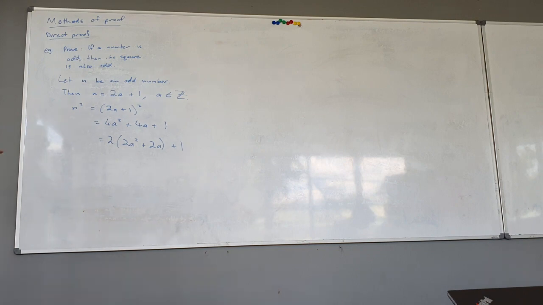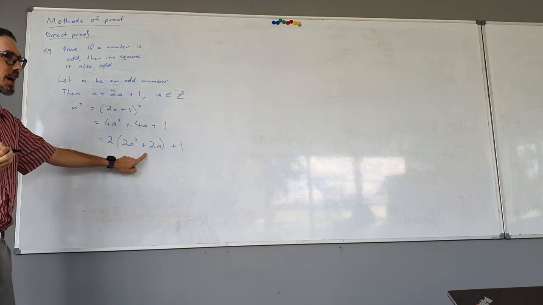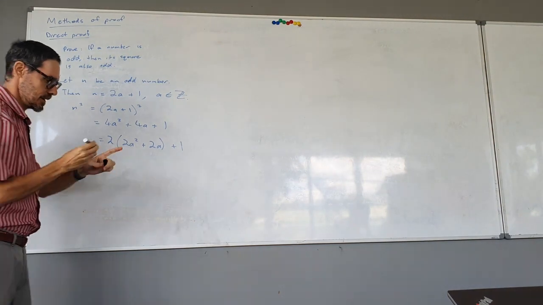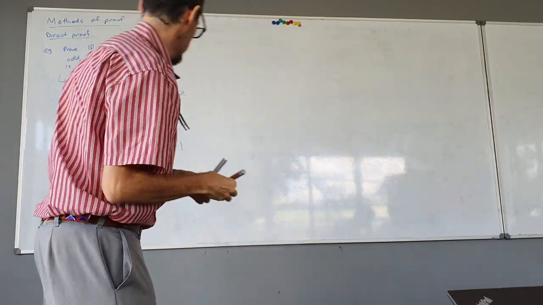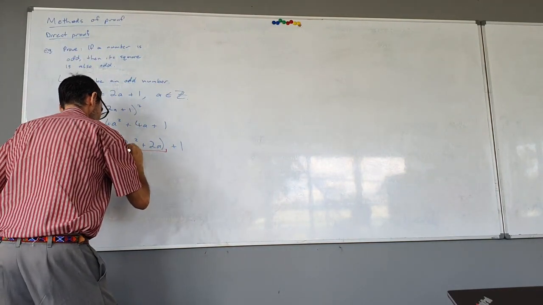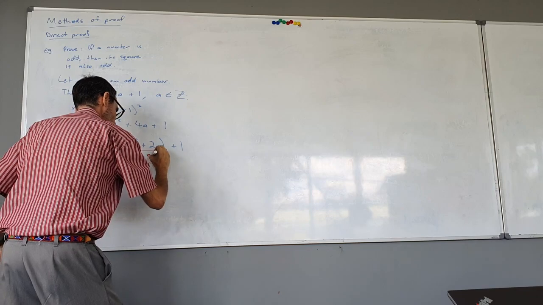Why did I do that? Because I've got 2 times an integer. Well, 2 times an integer is even. So this bit must be even.